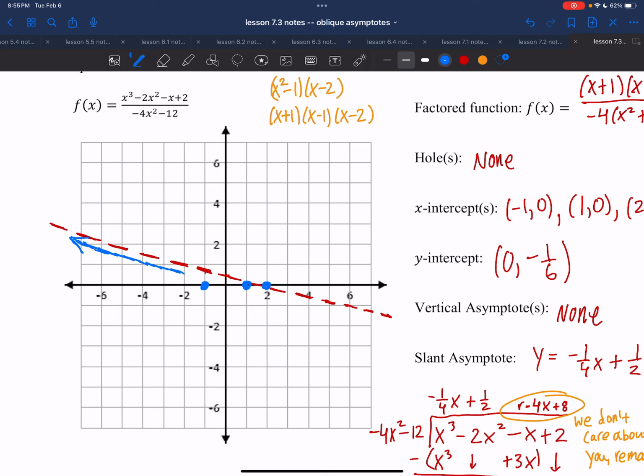It's probably coming down here and then curving up and over and then staying above the asymptote, I'm thinking. Most likely. I think that's what it looks like, okay?